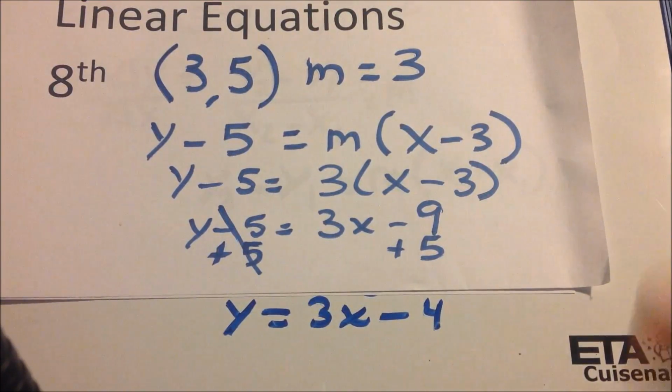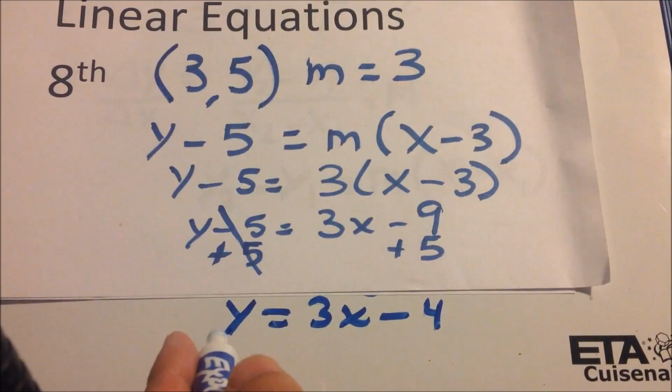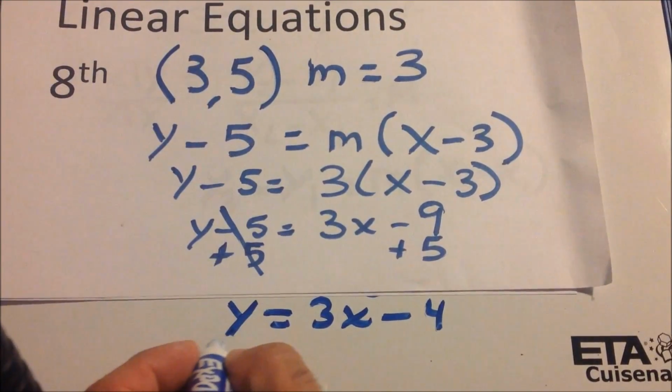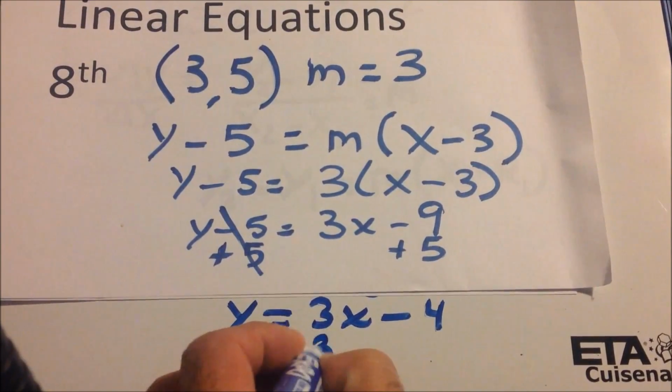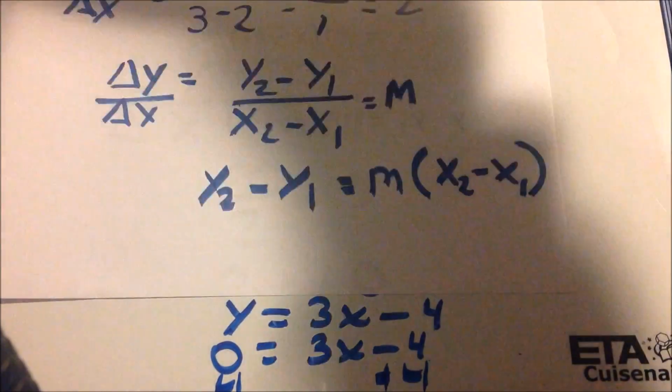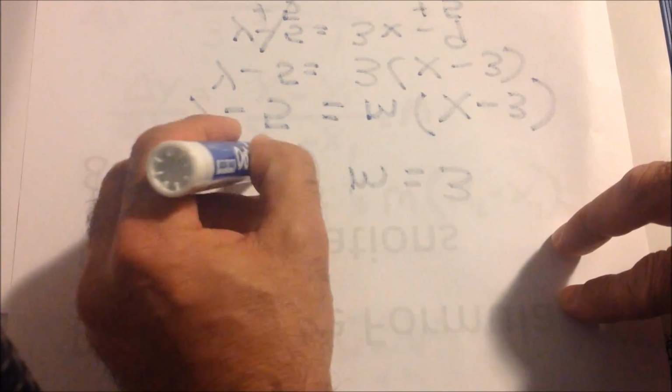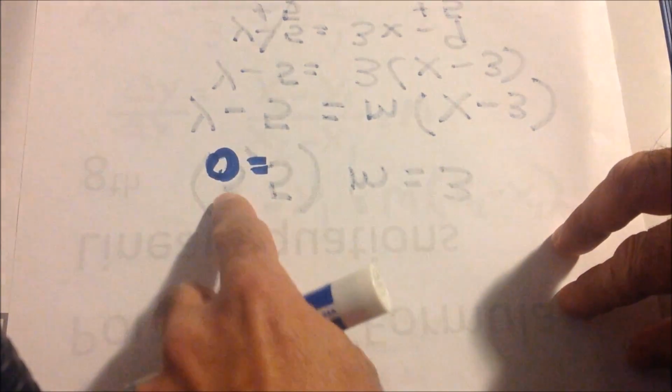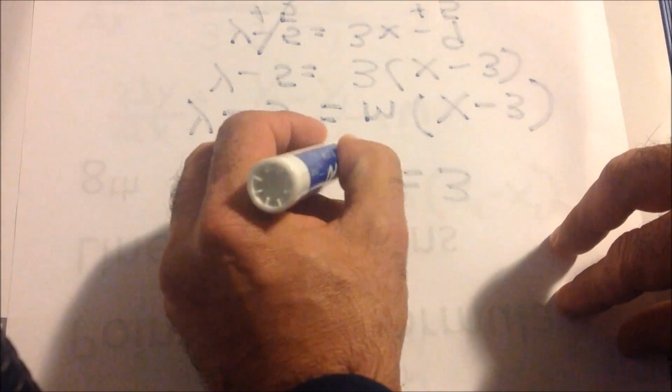Now if you wanted to find the x-intercept, all we have to do is make y 0. Make y 0, and we can find the x-intercept. We had 0, because we're making y 0, equals 3x minus 4.